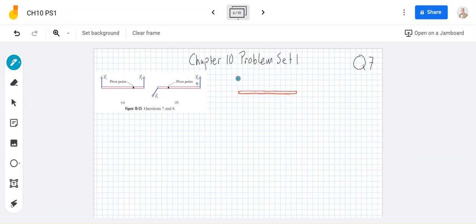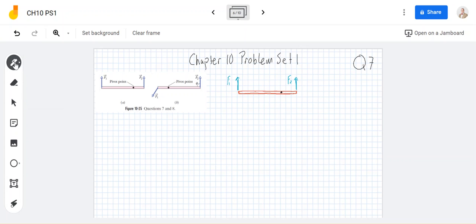Currently we have force F1 here, and force F2 here. It makes sense that if it's not to turn, then these forces should somehow be equal. The pivot point is somewhere. I think it's here.